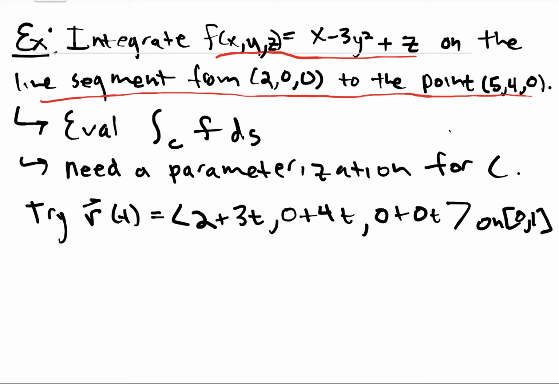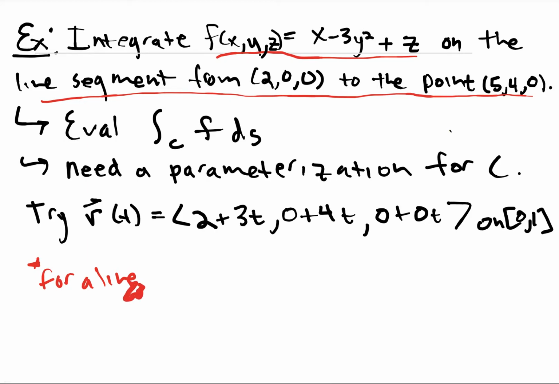Now, if this came out of nowhere, just a refresher: for a line, you are going to need a point on the line, and as long as you have a point on the line, you'll also need a direction vector.